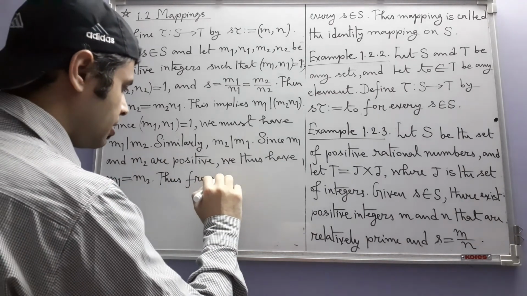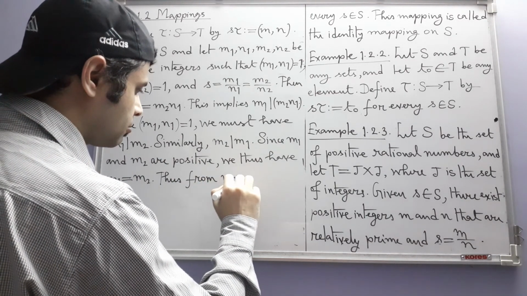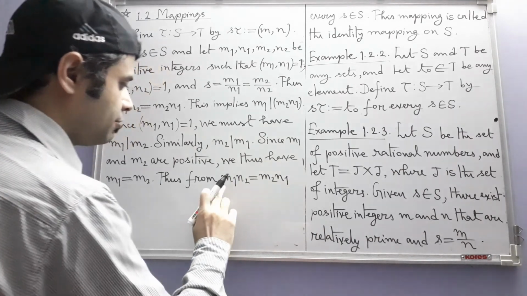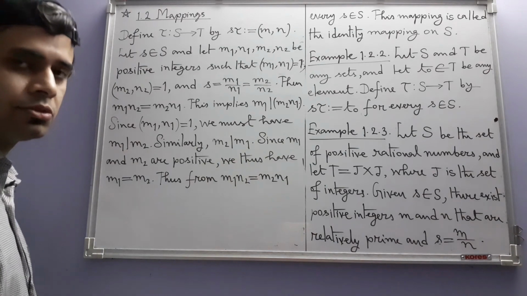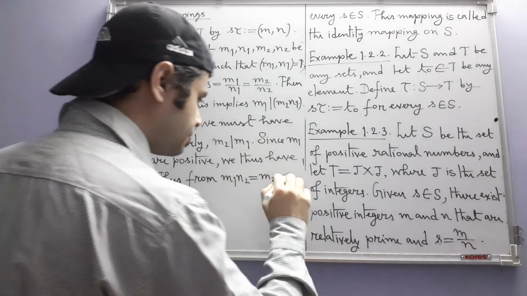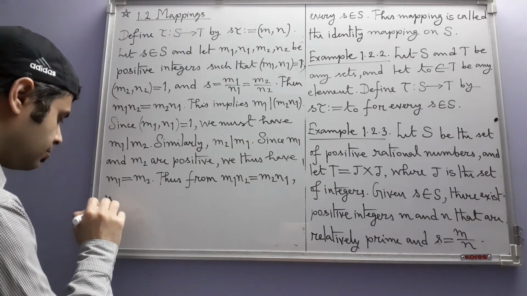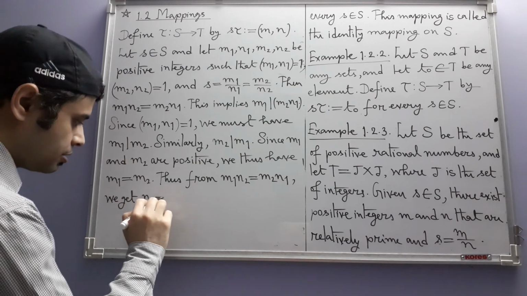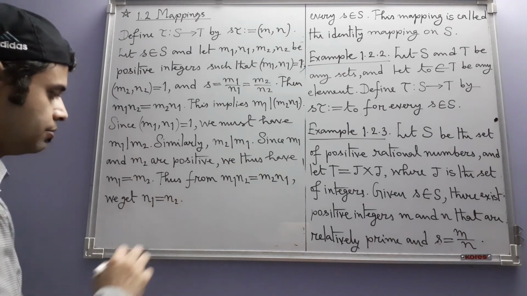Thus, from m1 n2 equal to m2 n1, if you cancel out m1 and m2 from both sides, we get n1 is equal to n2.